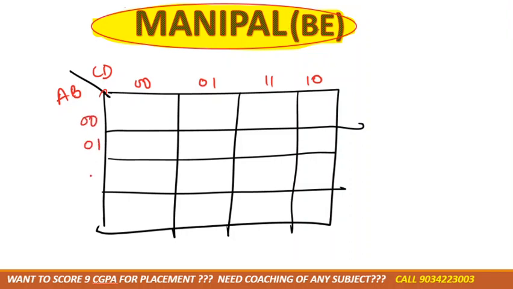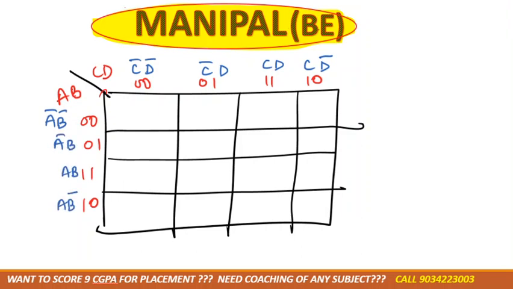Similarly CD, 00 01 11 10. So what we can write for this is C bar D bar, and similarly we'll have A bar B bar, A bar B, A B, and A B bar. Understood? So this is the case for the 4 variable.